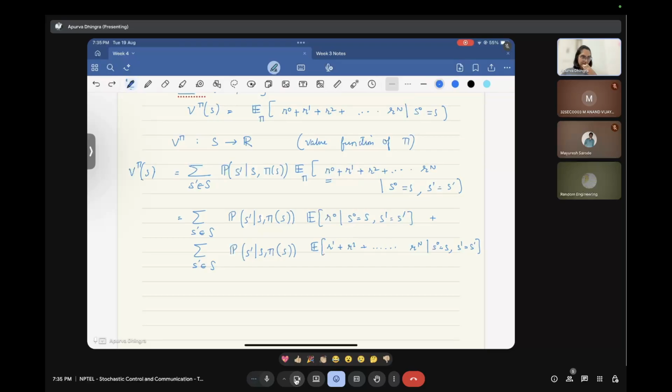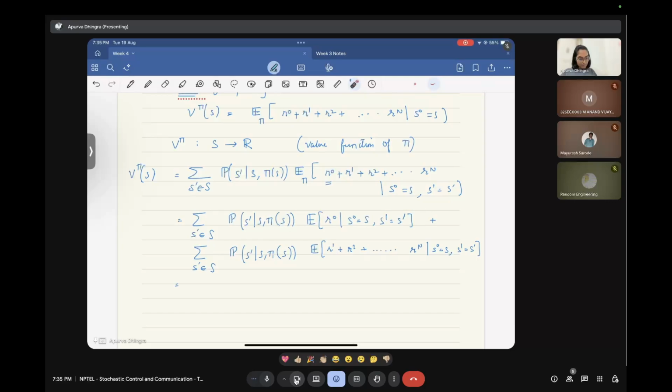Fair? Yeah. Okay, so that means I can rewrite the first term as follows. The first term is nothing but the reward of S, pi of S and S dash.